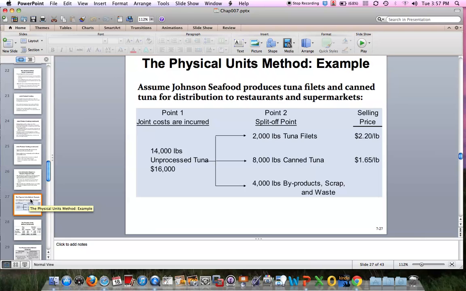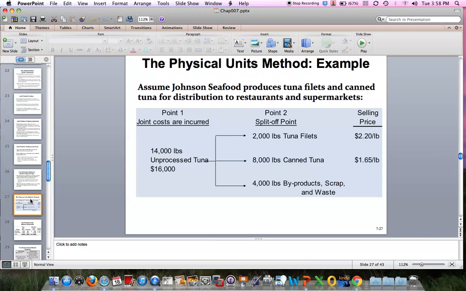Okay. The example they're going to give us in the book, they start to describe it on the bottom of 241, and then they start to show it to us here on the top of 242 in Exhibit 7.17. We've got a seafood company, Johnson Seafood, and they process tuna. So just imagine a whole raw tuna, the fish. They're going to receive pounds of tuna and process it. That means cleaning it and filleting it and the whole works, and then turning that into different products.